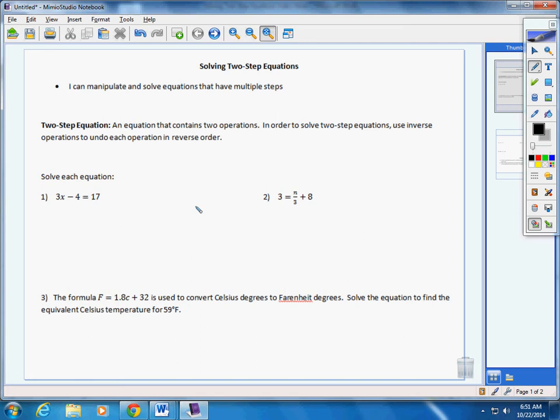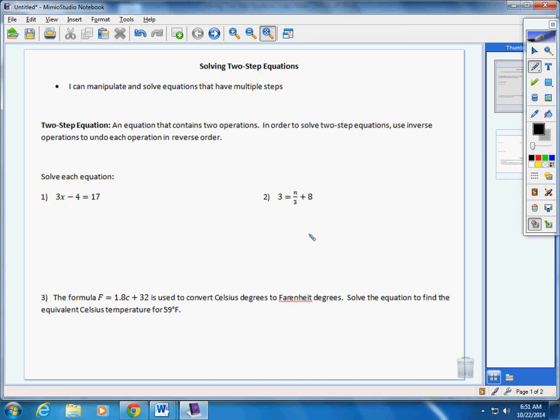However, you need to remember one thing. When you solve multiple step equations, you need to do the operations in reverse order. So when we're solving with PEMDAS and we're simplifying an expression, normally we do everything that's in the parentheses, and then we do our exponents, and then we multiply, and then we divide, and the last things we do are add and subtract.